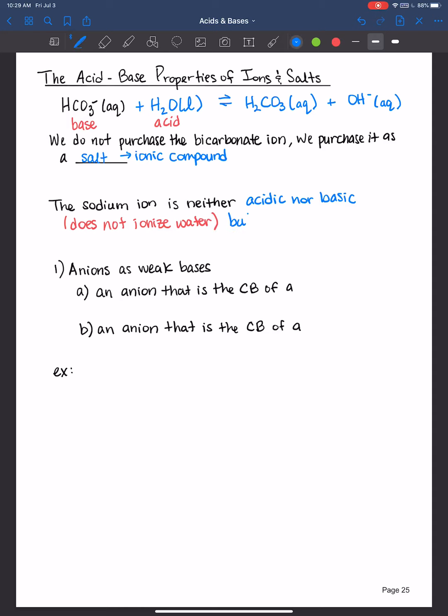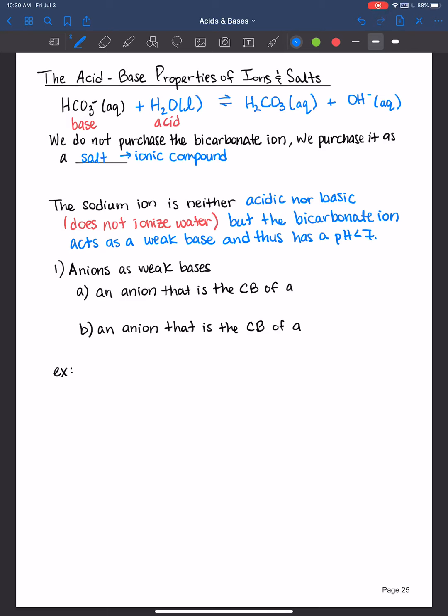But the bicarbonate ion acts as a weak base and thus has a pH less than 7. In a future video, I will discuss cations and sodium ion in particular. But in this video, I'm going to look at anions as weak bases.